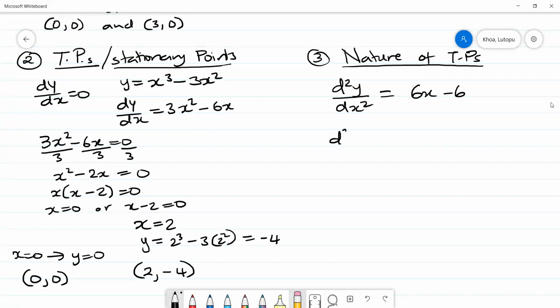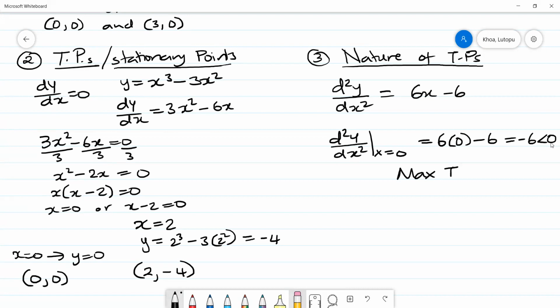So d2y/dx2, when x is equal to 0, we have 6 times 0 minus 6. This is negative 6, which is less than 0. So when you substitute the critical point into the second derivative and your answer is negative, that means you have a maximum turning point.